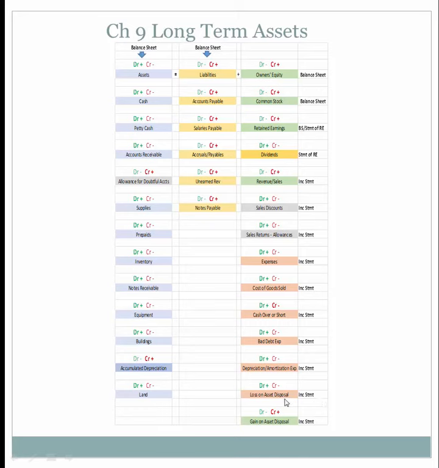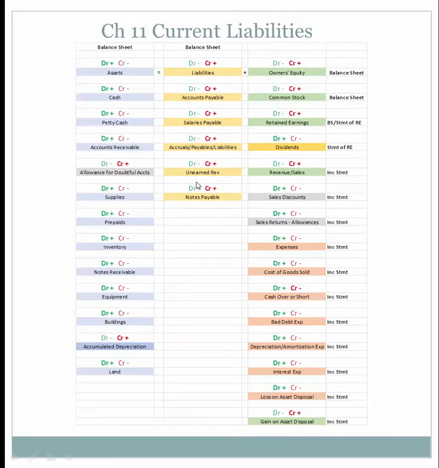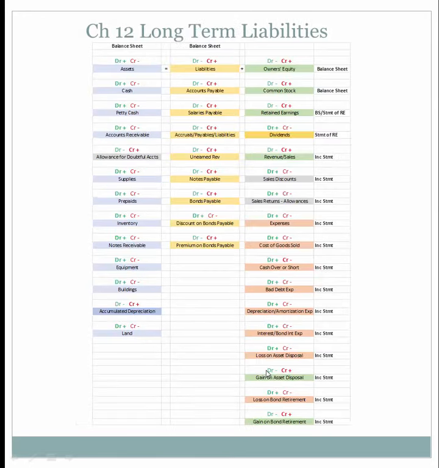Since a loss decreases owner's equity, it's going to be debit based. And since gains on asset disposals increase owner's equity, it's going to be credit based. Next, we learned about current liabilities, and we learned about accruals, payables, and liabilities, all of which are liabilities that increase with a credit. And we also learned about interest expense, which is an expense on the income statement, and it increases with the debit.